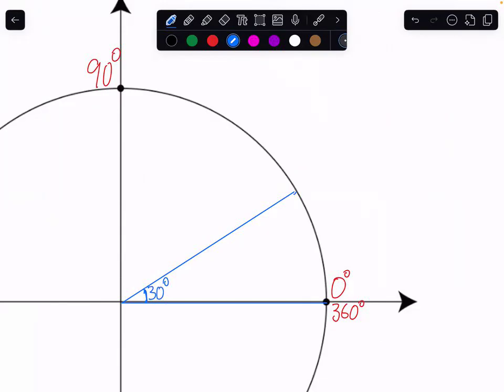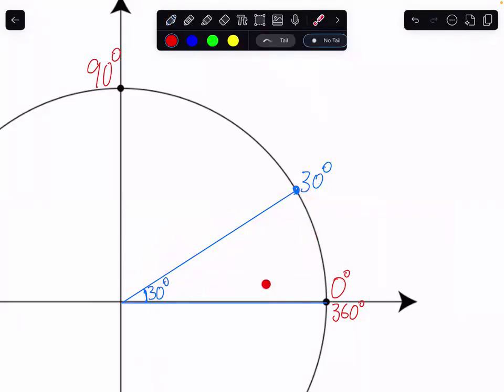This is the terminal side. Wherever the terminal side hits the unit circle, let's also mark that point as 30 degrees, just to make it easier to see. We just spent a lot of time learning about the properties of right triangles, but this is not a triangle.